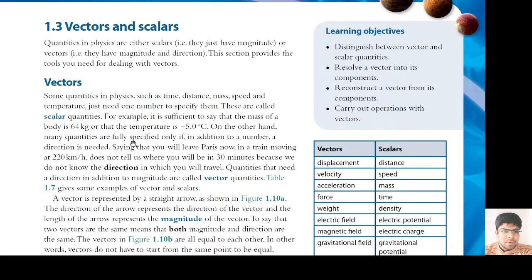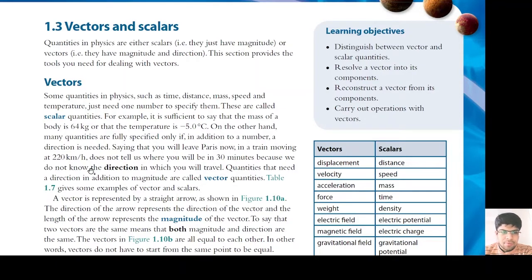Now let's read. Saying that you will leave Paris now in a train moving at 220 km per hour does not tell us where you will be in 30 minutes, because we do not know the direction in which you will travel.